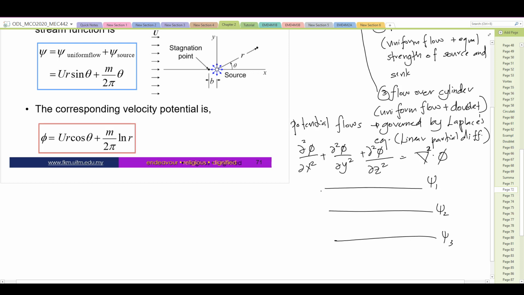From the previous lecture we know that flow cannot pass through the streamline.